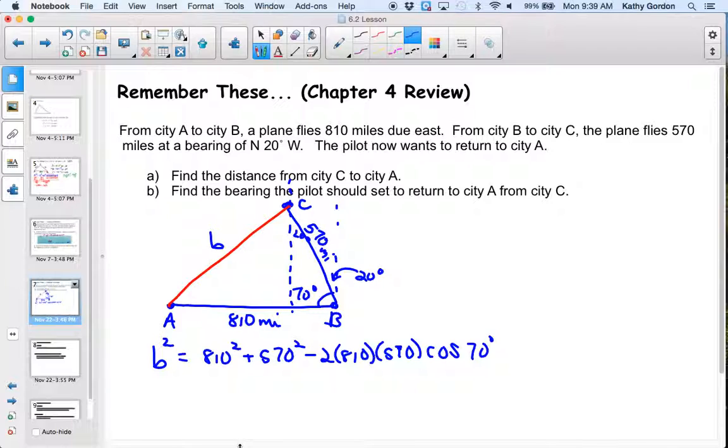Right there. We could also then figure out what this entire angle is by now setting up a law of sines. And so if I know that part of it's 20, then I can figure out what the rest of it is by subtracting, and I can get my bearing. Right? So law of cosines to get the missing side, law of sines to get an angle that we're interested in, and then knowing that if that's 20, that's got to be 20, so whatever this bearing is just going to be the difference.